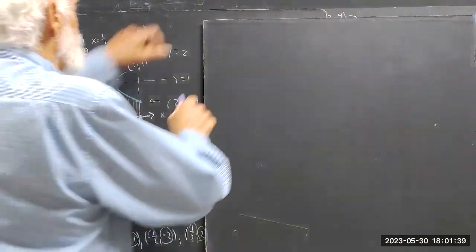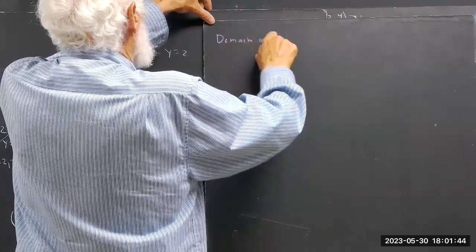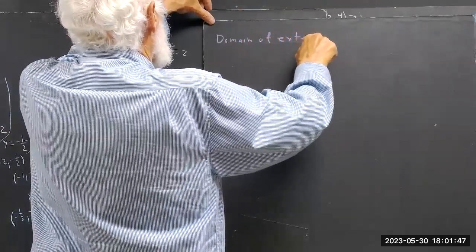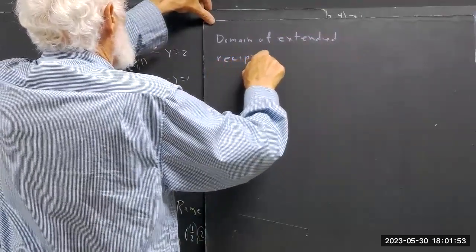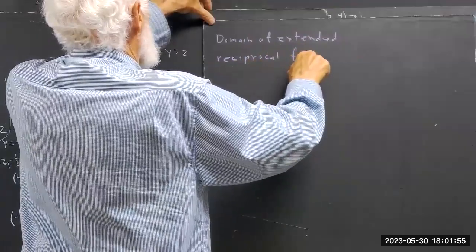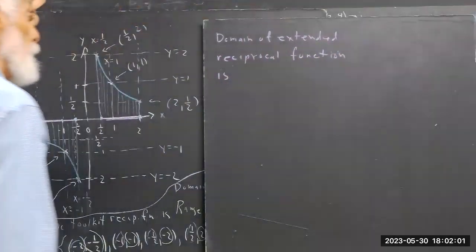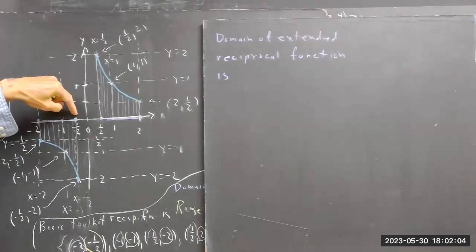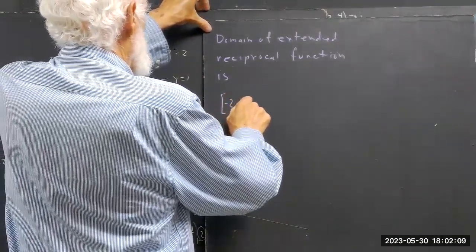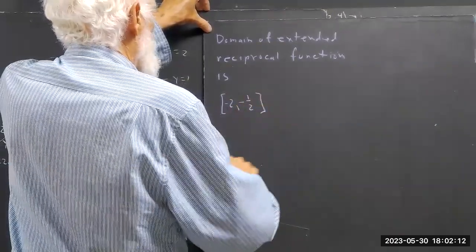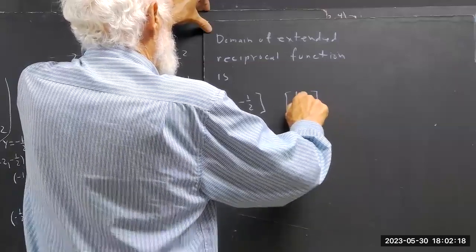So the domain of the extended reciprocal function is what? The interval from -2 to -1/2, along with the interval from 1/2 to 2.